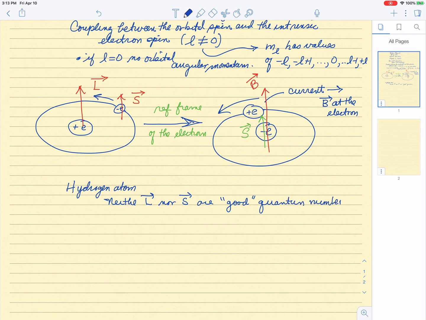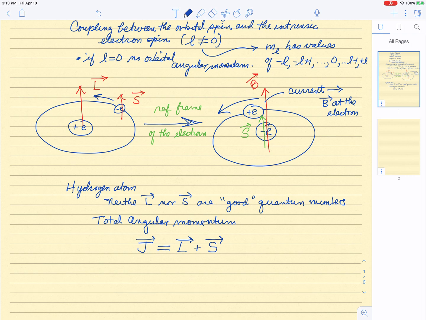What happens then is that one looks at the total angular momentum, we call that J, and that's going to be given by the vector sum of L, the orbital angular momentum, plus S, the intrinsic spin angular momentum.